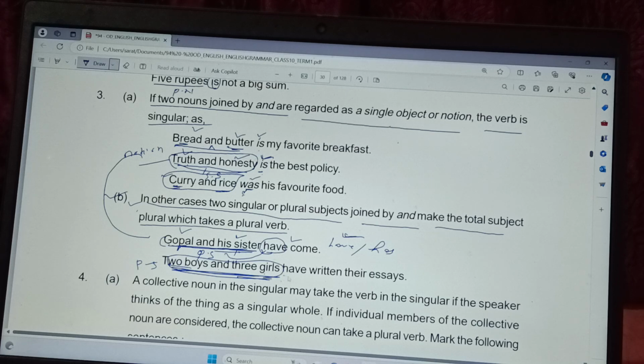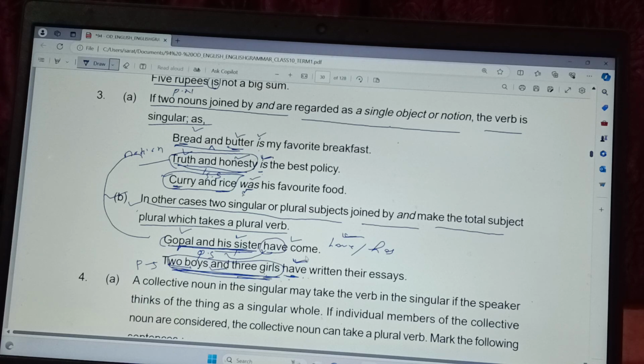So we put a plural verb with the plural subject. If a question asks you two boys and three girls dash written their essay, we put have or has? In this sense we put have, because this is a plural subject, so we put a plural verb.